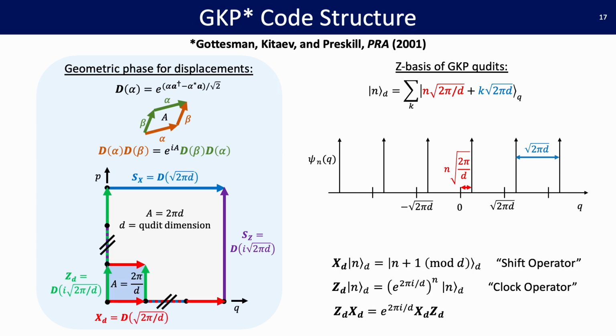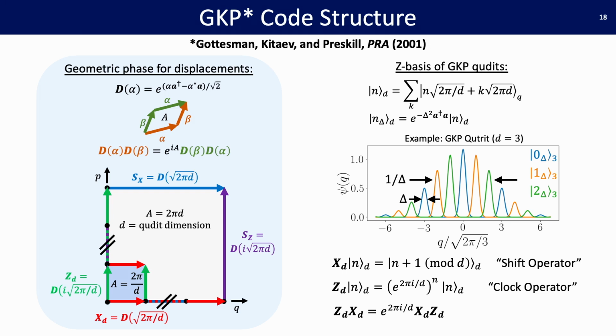The logical operators on our code are now the generalized Pauli operators, also called the clock and shift operators, where they are realized by displacements of root 2 pi over d in either position or momentum. The generalized x operator increments our states by 1 mod d, and the generalized z operator, acting on the nth eigenstate, returns the primitive dth root of unity to the nth power. And these operators now obey this generalized commutation relation based on the area they enclose in phase space.